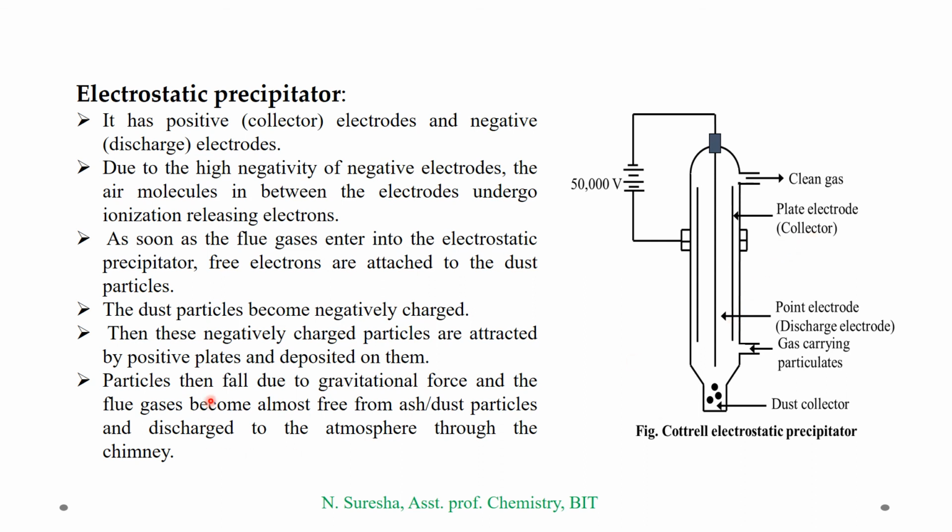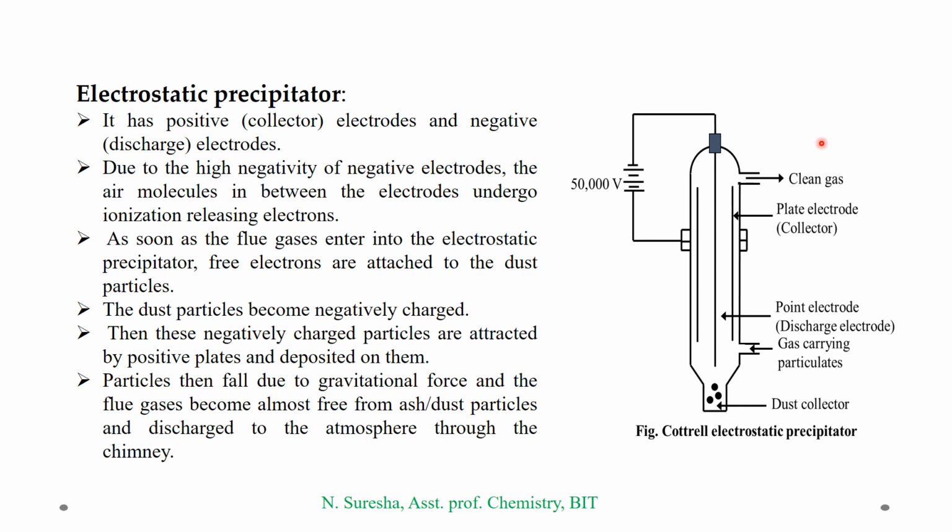Particles then fall due to gravitational force and the flue gas becomes almost free from ash or dust. Clean gas can be released into the atmosphere. So this type of electrostatic precipitator can be fixed into the chimneys of factories to reduce the release of particulate matter into the atmosphere.